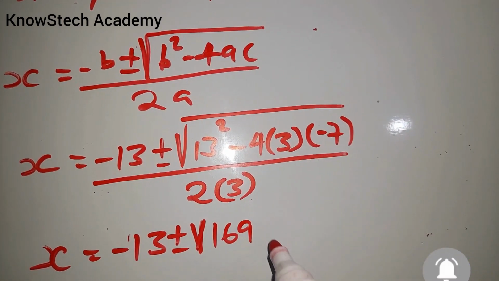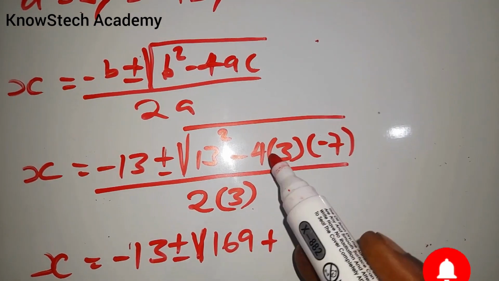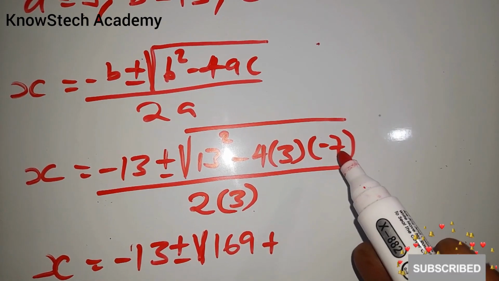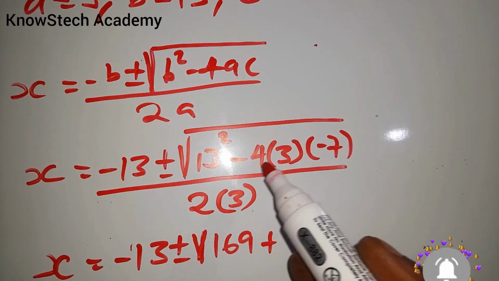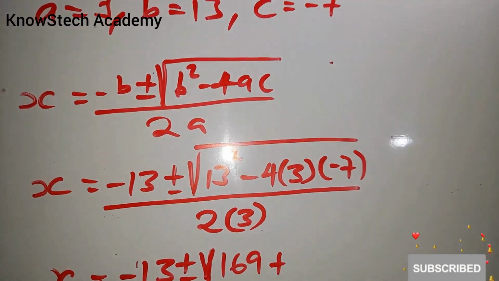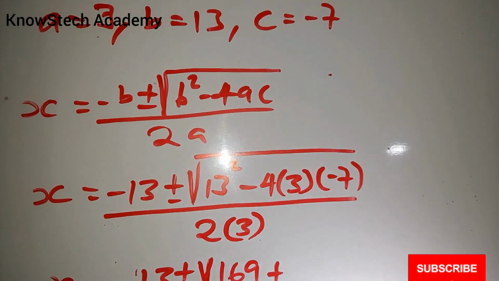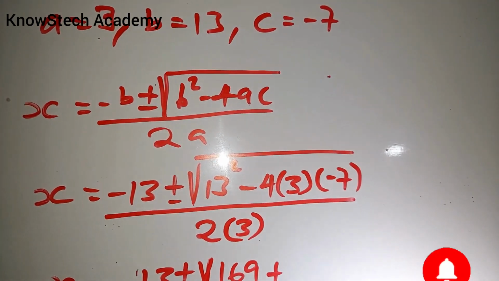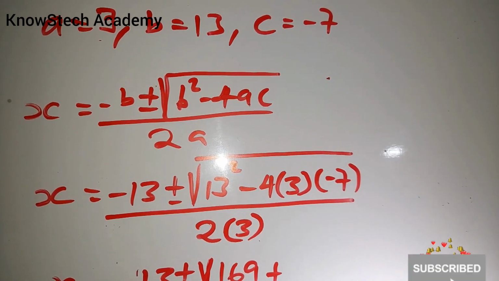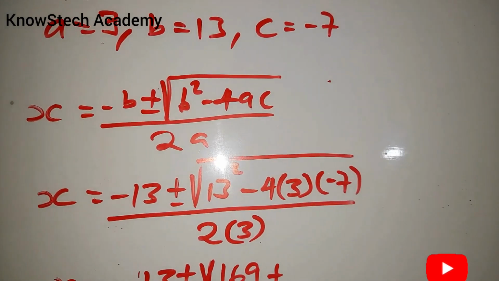Negative times negative here is positive. Then 4 times 3 is 12. 12 times 7 is 84.